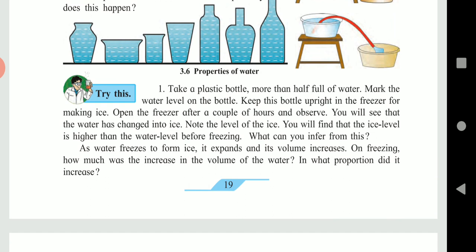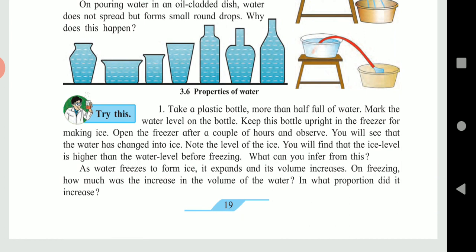This means that the height of the water increases by 9% of its original height after freezing. This means the original volume of water has increased.